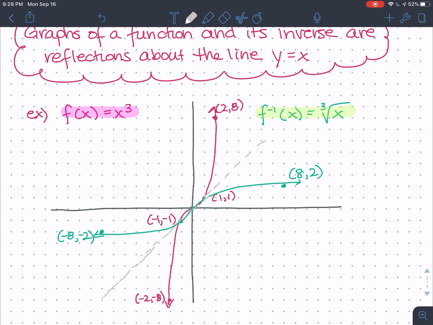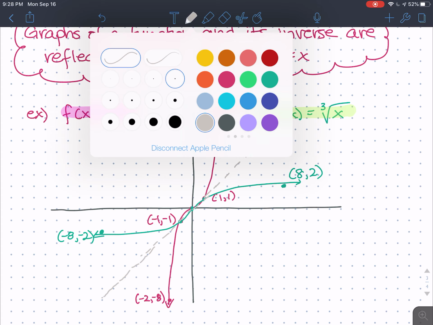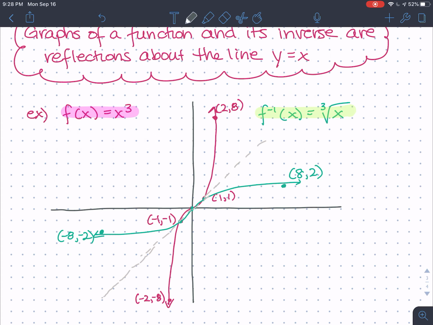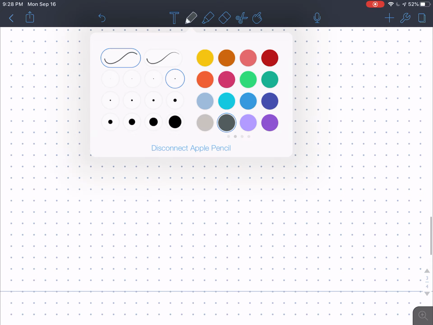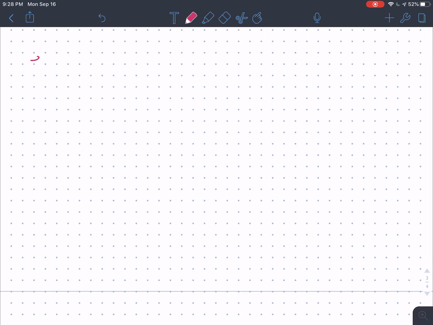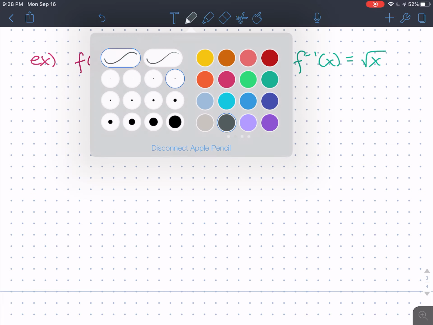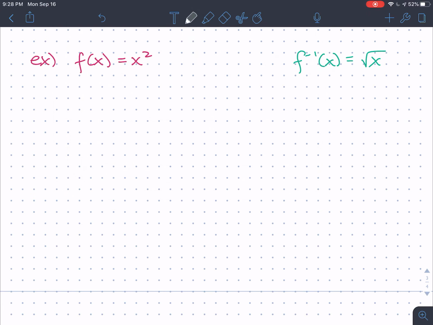Now I want to do this with the square and the square root function, and some of you might already be seeing what I'm getting at here, and maybe asking this question to yourself. But let's look at f of x equals x squared versus the inverse of f, which is the square root of x. They undo each other.